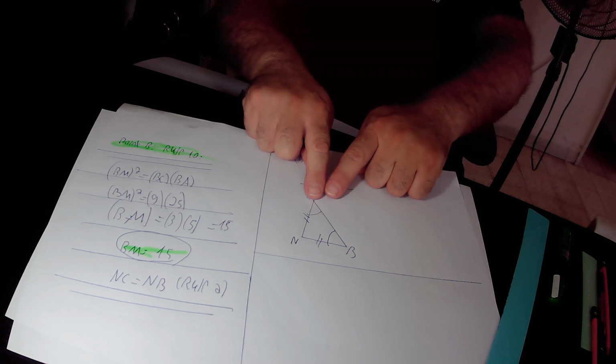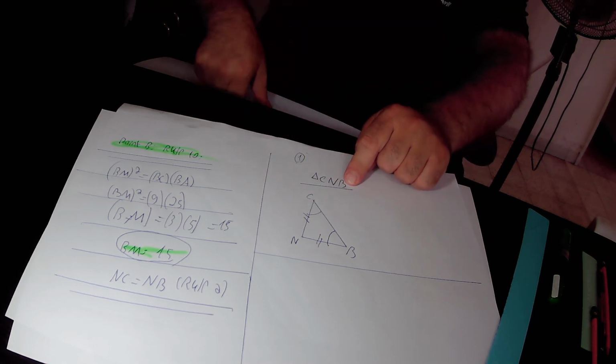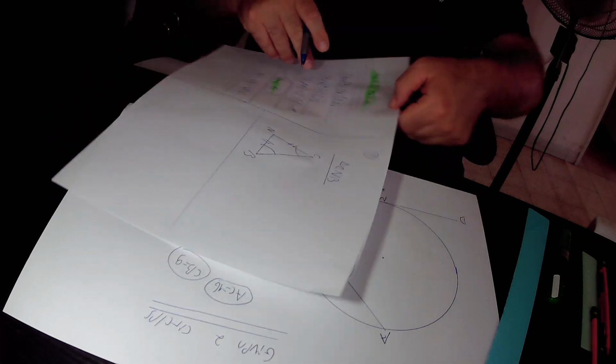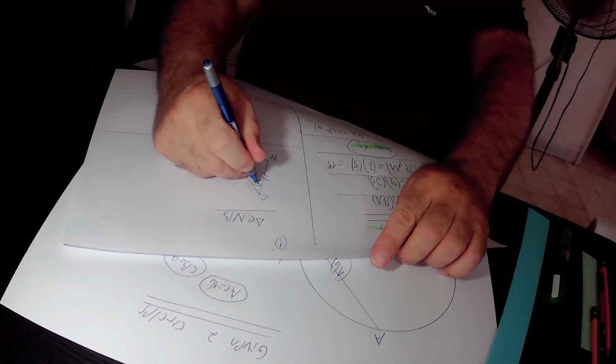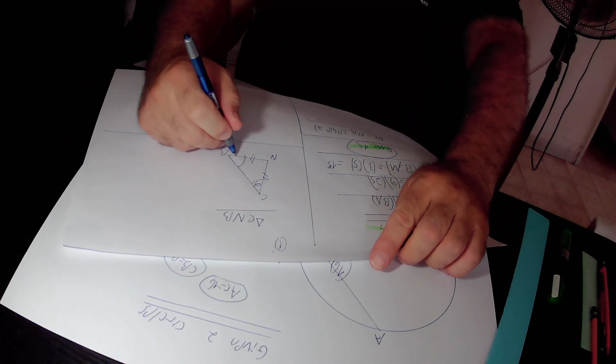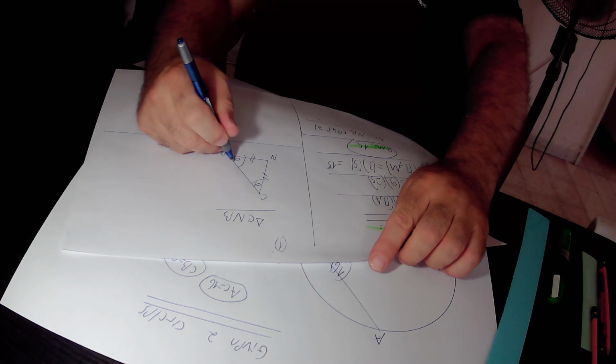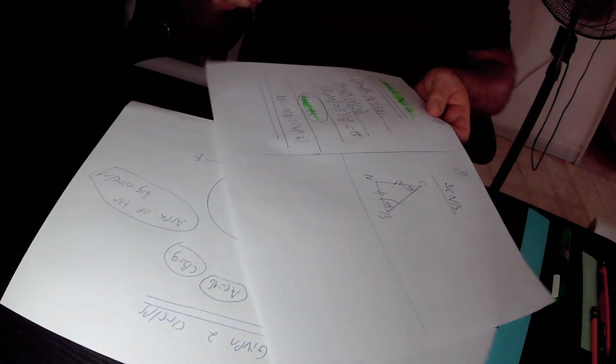So if we define the size of this angle as alpha, then this angle must also be equal to alpha, according to the rule that I mentioned.